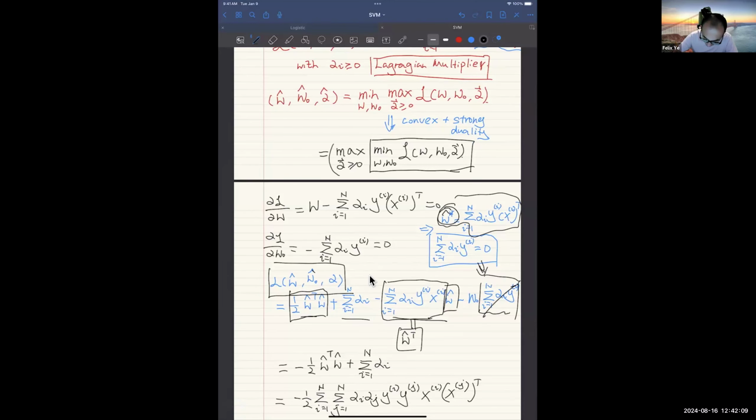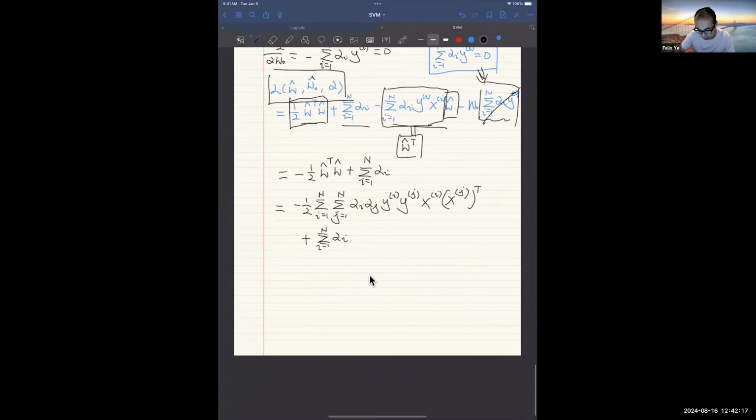Then we are going to solve the outer optimization problem.